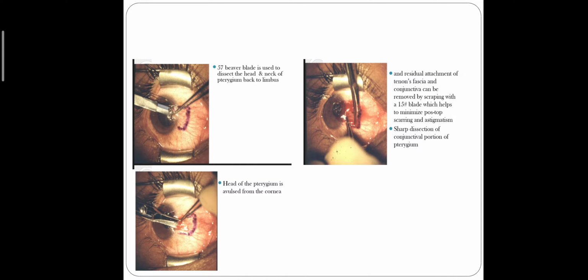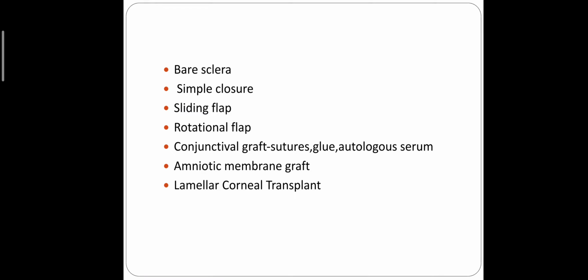After avulsing the part present on the cornea, we have to remove the subconjunctival tissue, and remove the pterygium from the underlying conjunctiva on the conjunctival side also. So this is the basic excision of the pterygium.